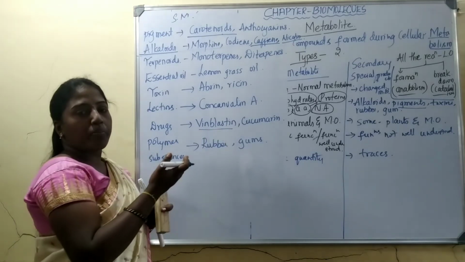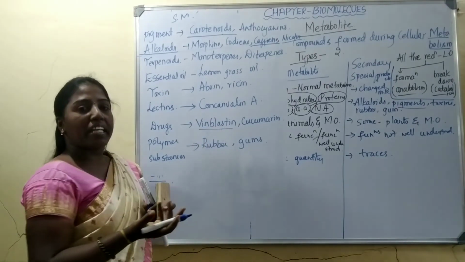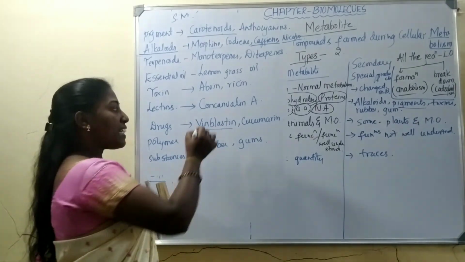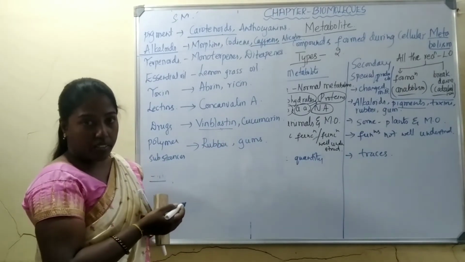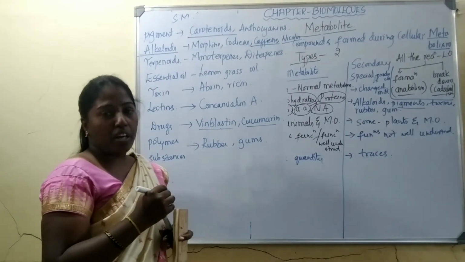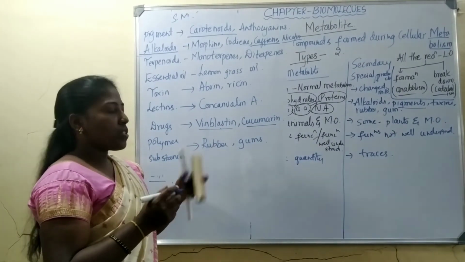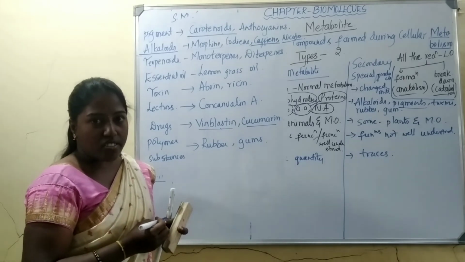It is produced from Vinca rosea. In Vinca rosea, it is not playing any particular role, but it has been used by mankind for cancer treatment. Then curcumin. It is found in turmeric, which prevents some heart diseases and cancer.